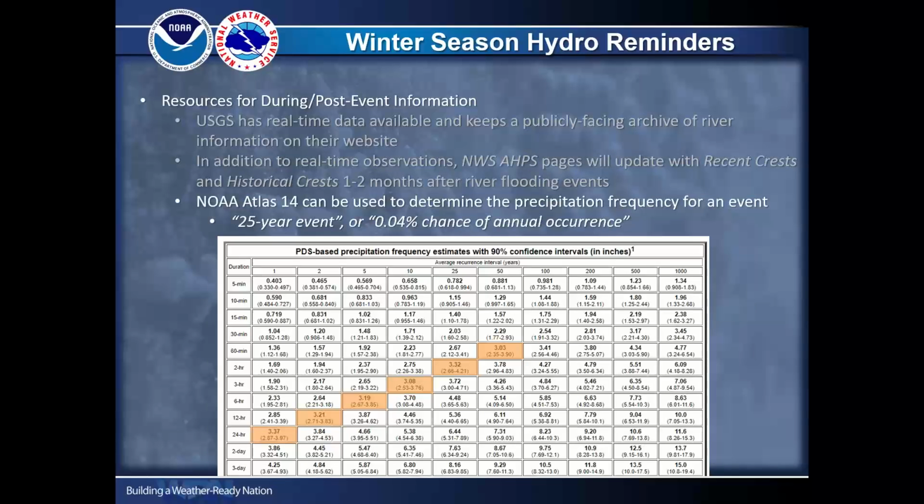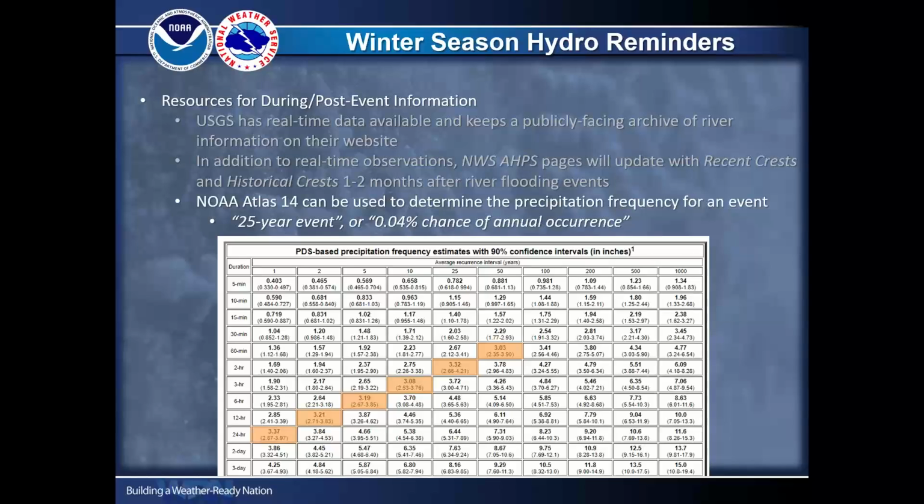Some of you may have heard of what's called this NOAA Atlas 14 website before. I know I brought it up in some of the EMAG conferences, and Laura, we've had the hydrologic workshops in the past where this has been brought up as well. These can be useful in determining the precipitation frequency of an individual event, as far as rainfall, like how much rain you got in a 6-hour period or a 3-hour period or a 24-hour period based on your location.